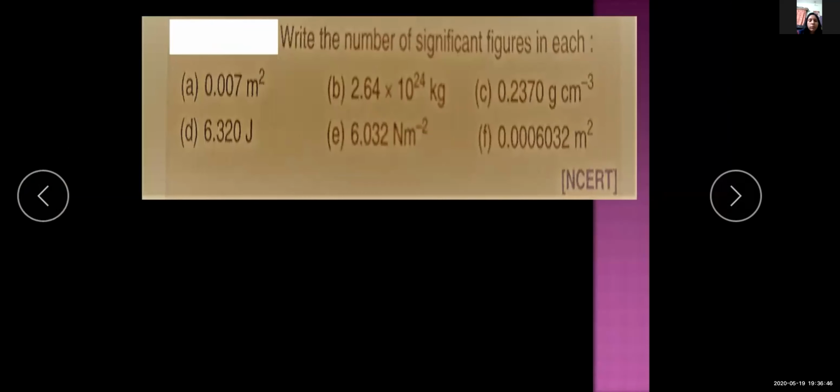And the next one is to write the number of significant figures in each case. You are given 6 cases. Now find the significant figures.